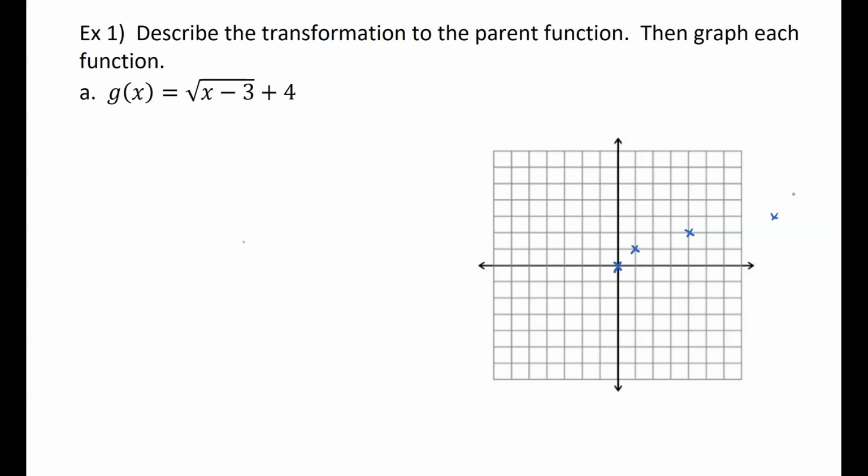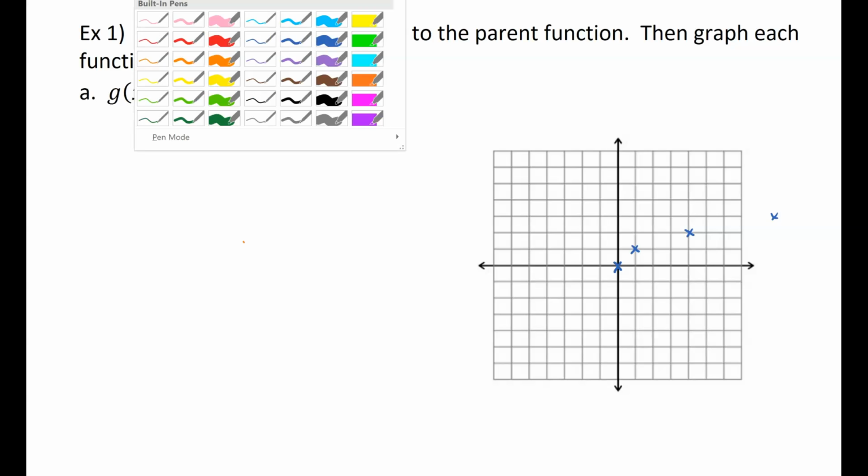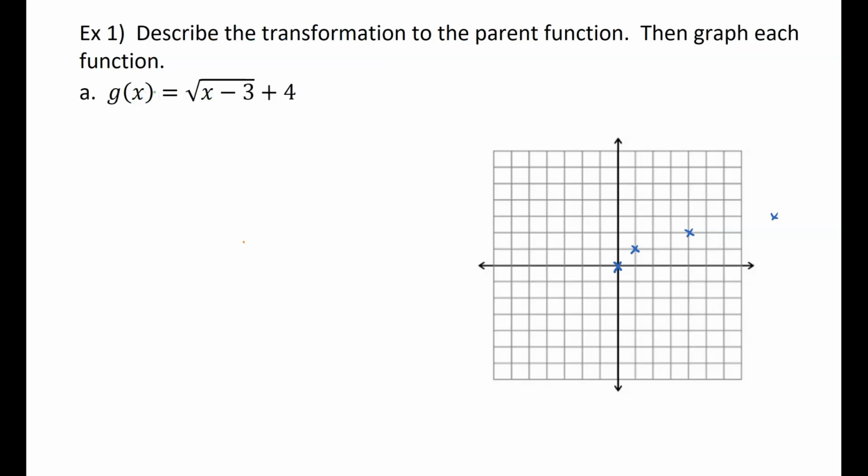So now let's look at this transformed function where we have square root of x minus 3, where the minus 3 is under the radical and the plus 4 is on the outside. And do we remember what that tells us to do? Right 3 and up 4.